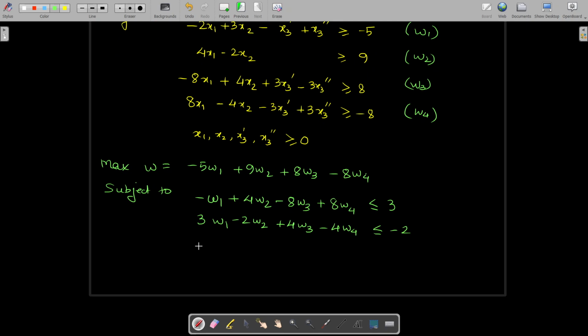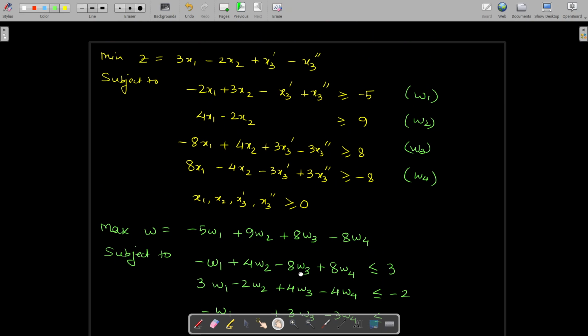Then we have the constraint corresponding to x3 dash. With w2 we don't have anything, so just 3w3 less or equal to 1.